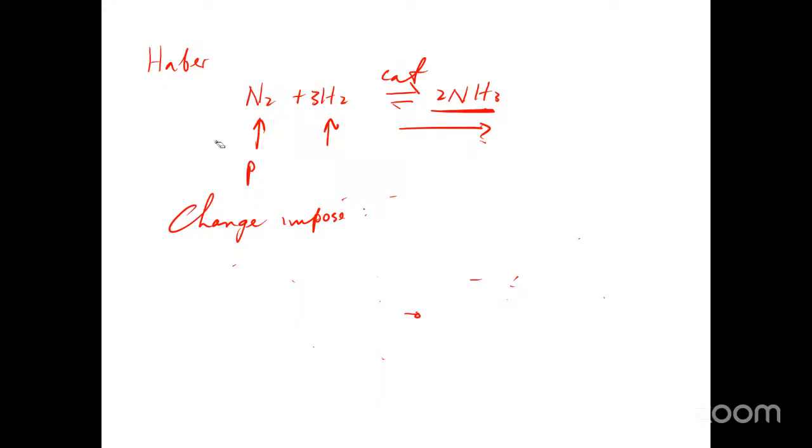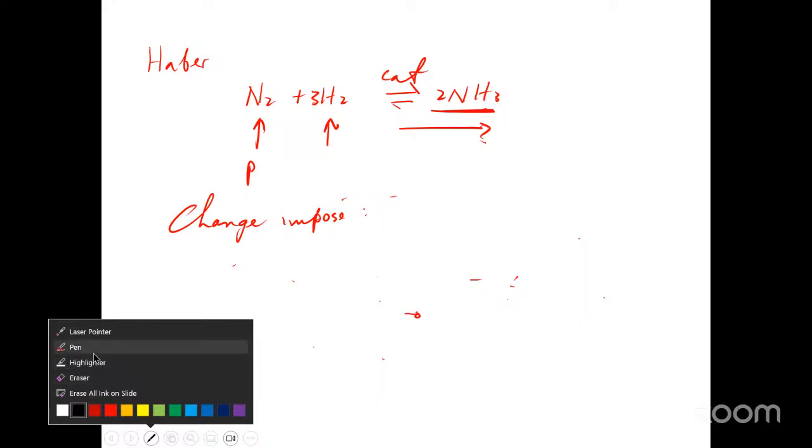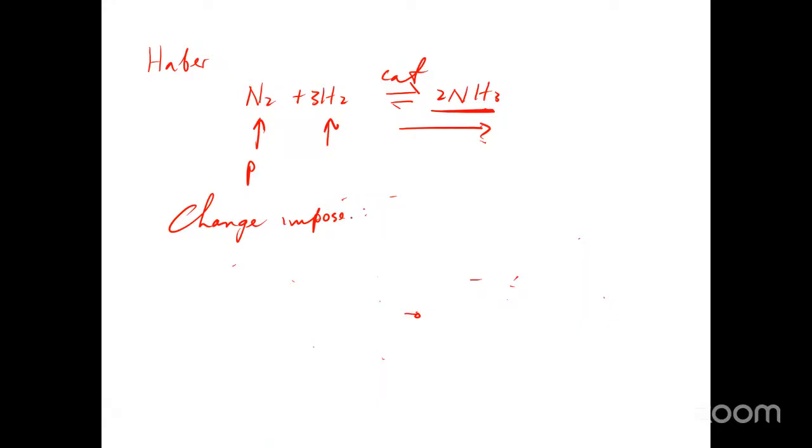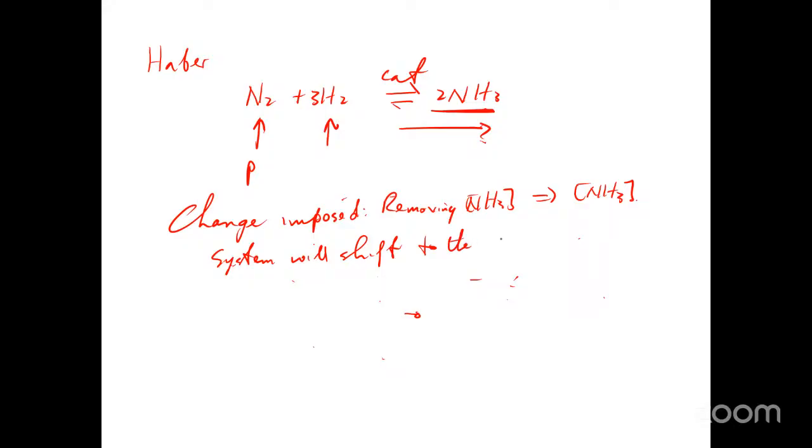Okay, so if the change imposed is removing ammonia, or removing NH3, so that corresponds to a decrease in the concentration of ammonia, which means that the system will shift to the right to produce more ammonia.